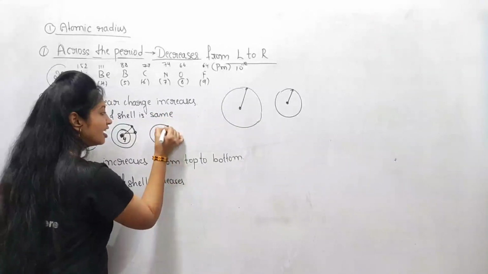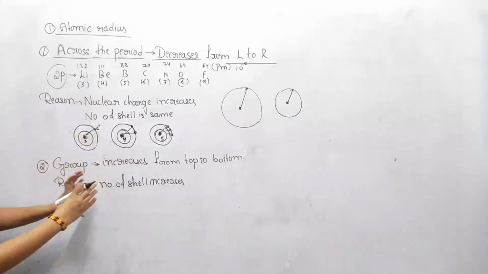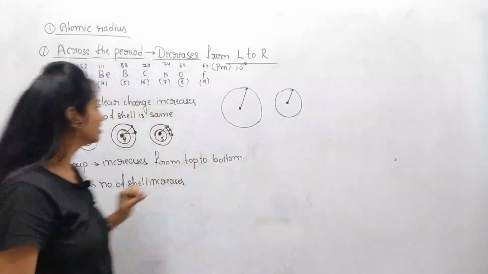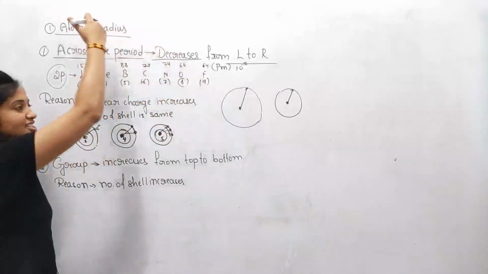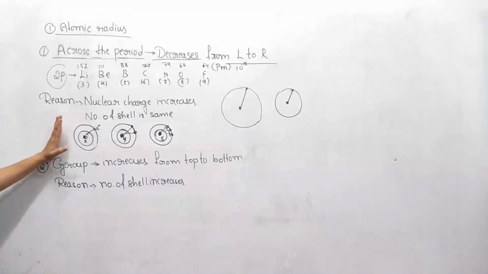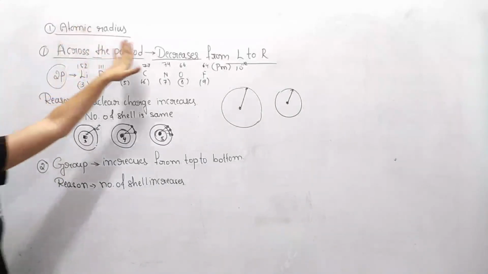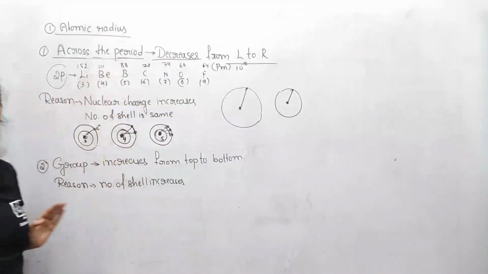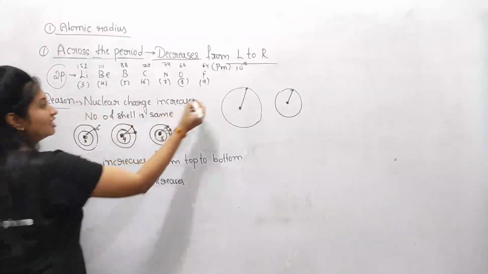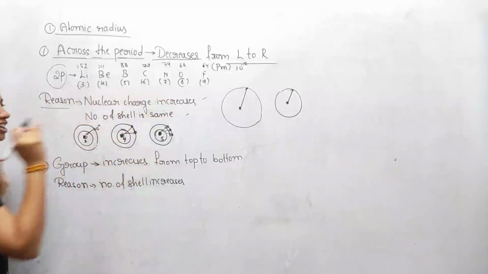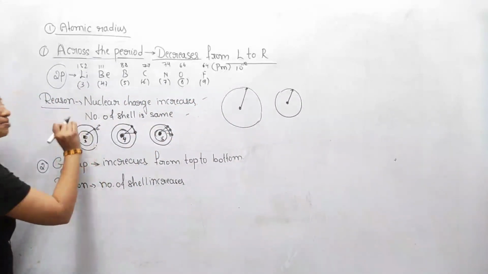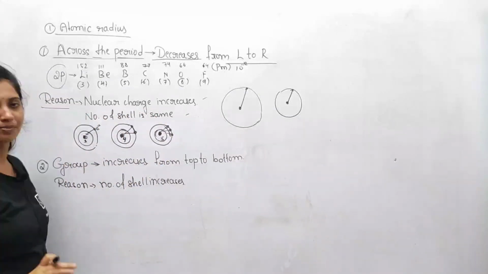Then automatically the atomic radius decreases, meaning atomic size also decreases. So this is the reason the atomic radius decreases across the period. Just see here. Remember these 2 reasons: the nuclear charge increases and the number of shells is the same.